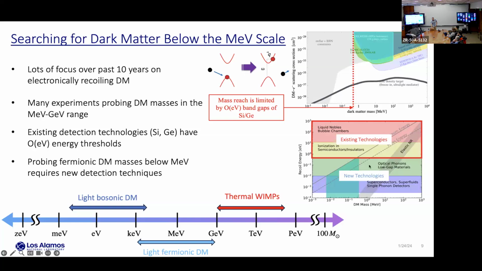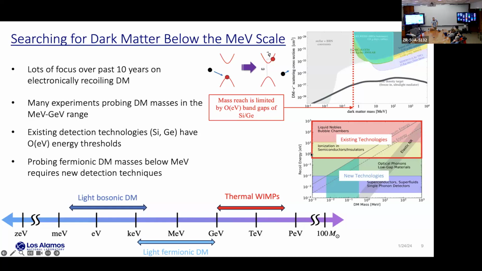And so I've shown that same plot that I showed before, but now overlaid with some existing technologies to guide the eye of what energy ranges these all work in. So, 10 to 1,000 eV detection thresholds are existing things like liquid noble gases, bubble chambers, things that have been in use for quite a while.